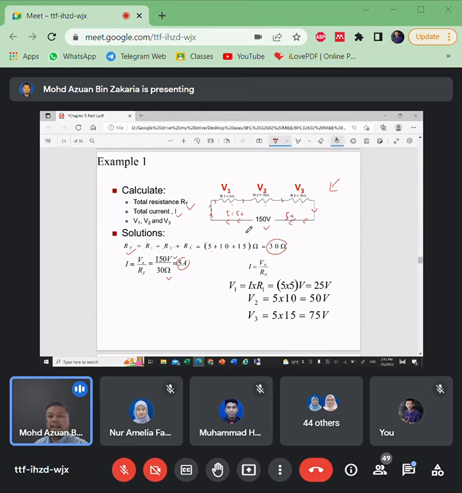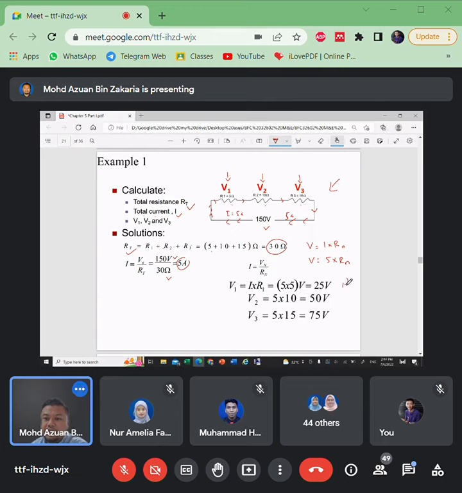Then we can calculate voltage at resistance 1, voltage at resistance 2, and voltage at resistance 3. How? Because the current is uniform, to calculate V it is I multiplied by Rn, meaning each resistance. I is the current that we obtained, which is 5. So V equals 5 multiplied by Rn.